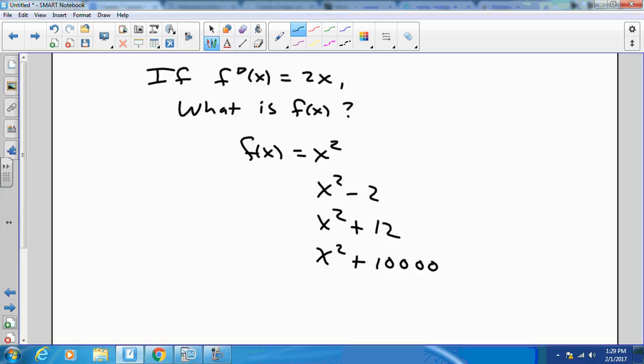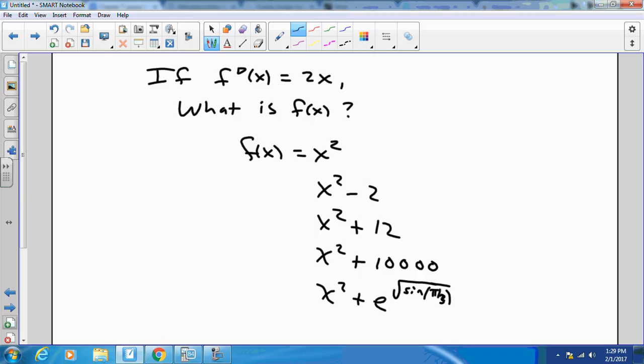Somebody really of interest gave me x squared plus 10,000. That also works. And then I started getting silly and had x squared plus e to the square root of the sine of pi over 3.